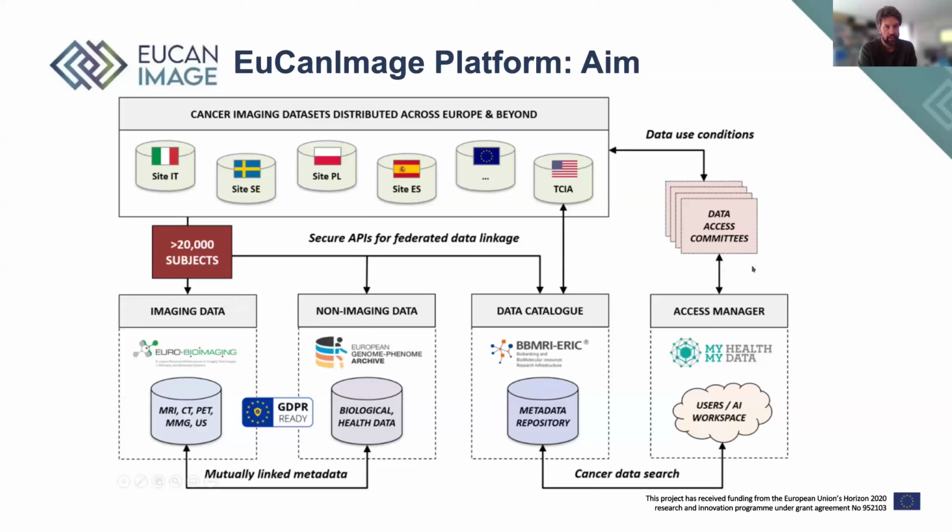So at a glance, the aim of the EuCanImage platform is to collect the different data sets that are distributed across Europe and make them available to researchers through storing them on different platforms that are suitable for storing the types of data, and get them accessible through data access committees and an access manager.